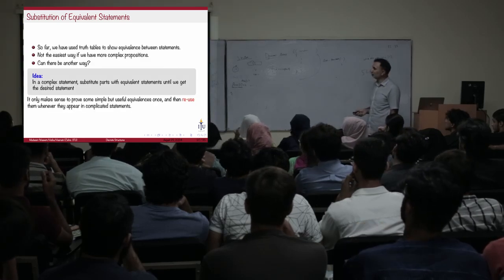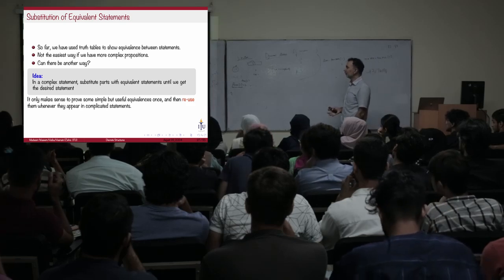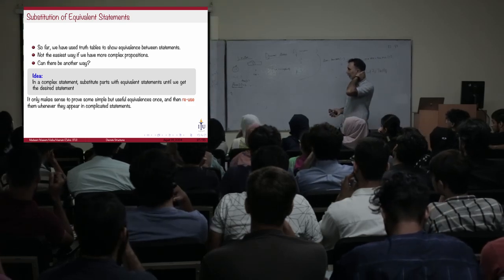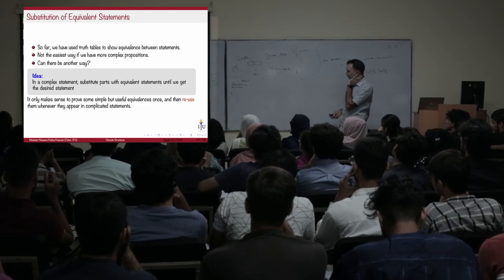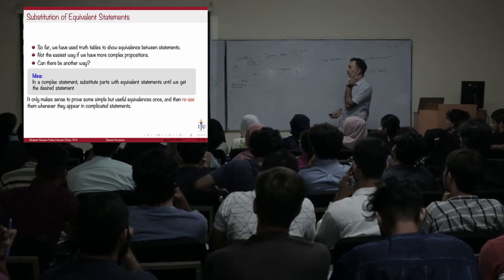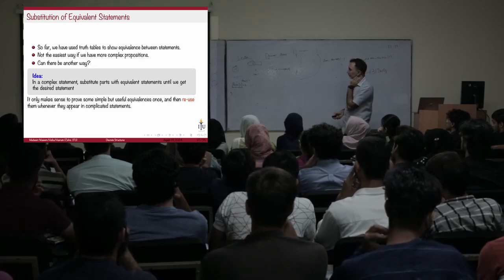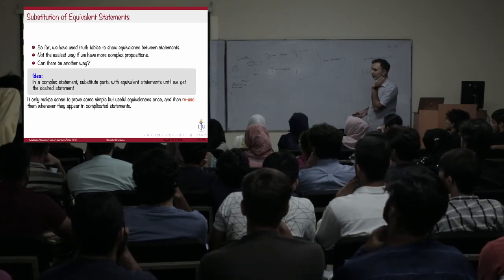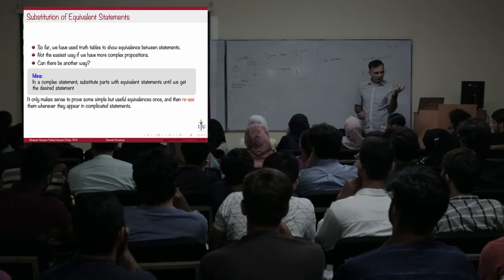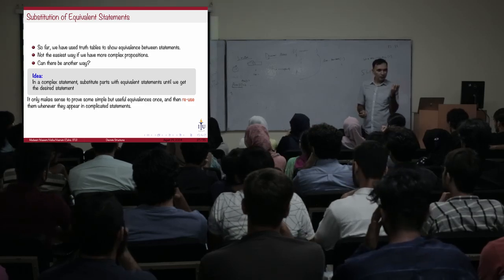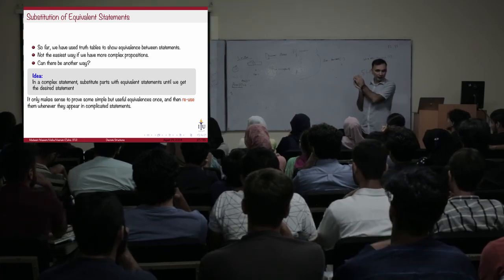It's called substitution. So far we have used truth tables. It's not the easiest way to find the truth value of complex propositions. So what we do is substitute parts of the proposition with something that we already know.